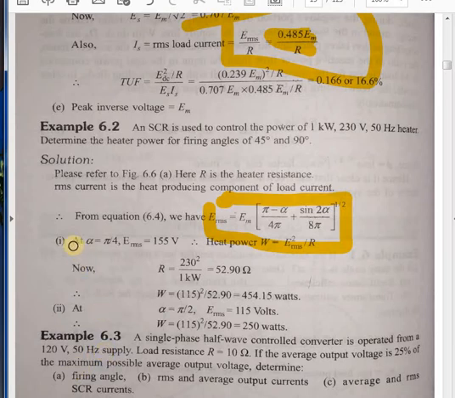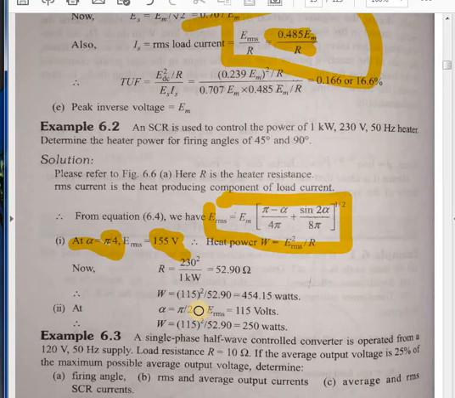At 45 degrees, that is pi by 4, you consider first. The RMS voltage will be calculated as 115 volts. Therefore the heater power is ERMS square by R. Power is given as 1 kilowatt, so R will be 52.90.